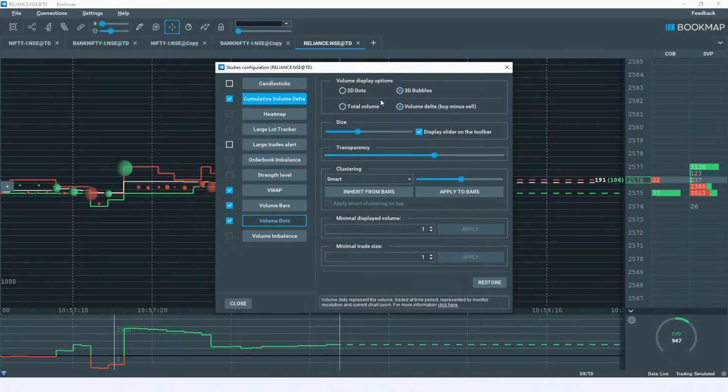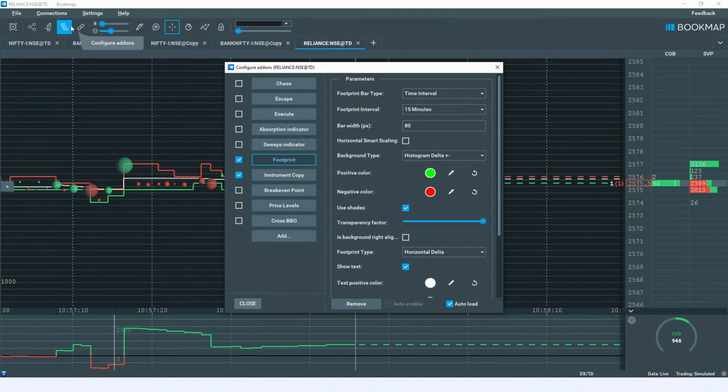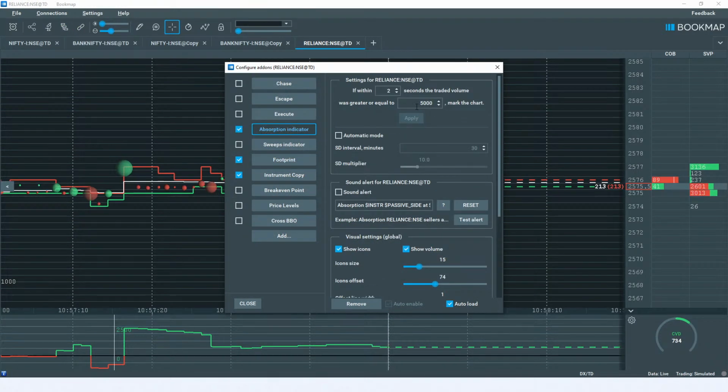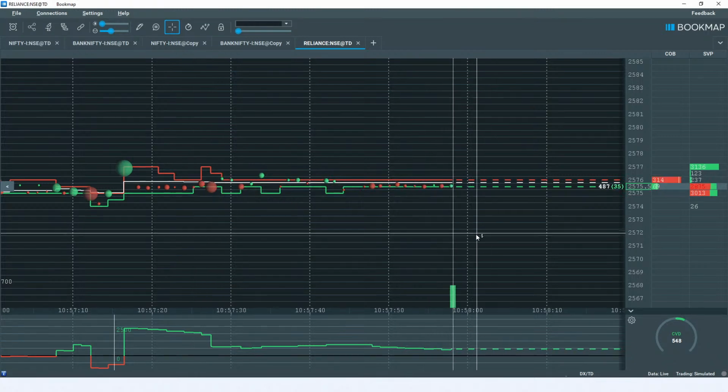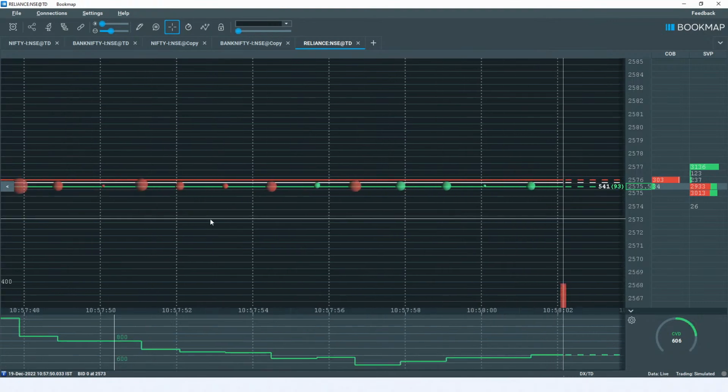You can do it accordingly. So add-ons, footprint, instrument, absorption copy. I'm going to keep it as automatic mode and make it 5. So give us 5 or 10 minutes of time, and we will be able to see the historical data of it.